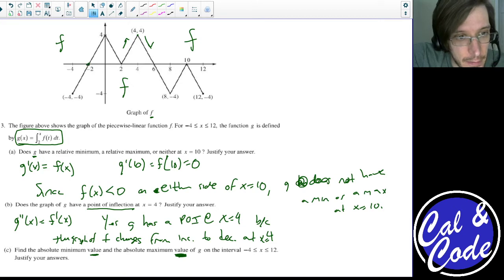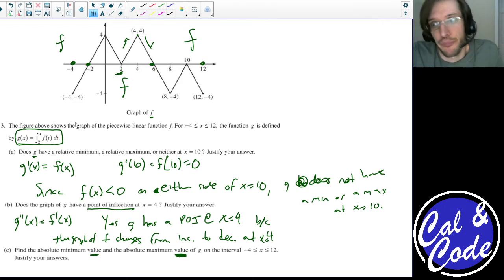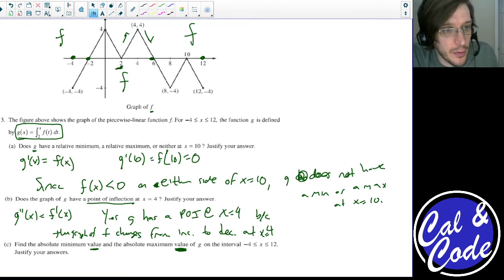Well, -4, -2, 6, and 12. These are all places where I might have a max or a min. I should also consider 2 just to be sure, because that's where I start. So we want to put all those places in.